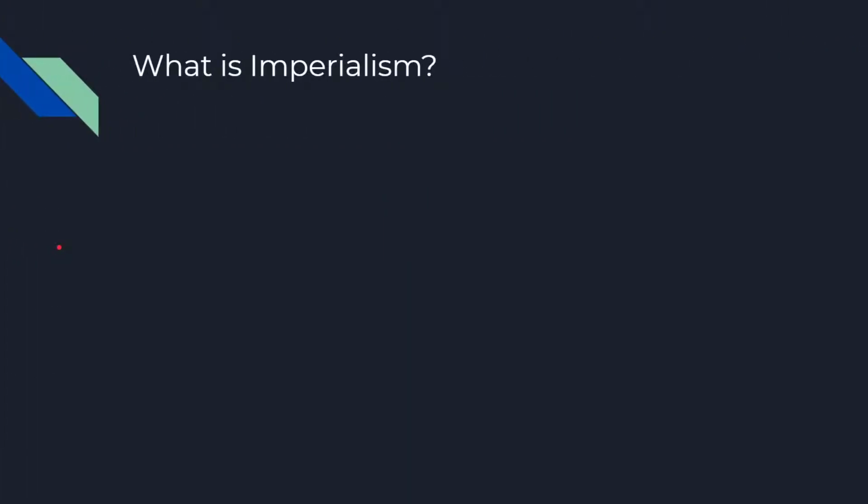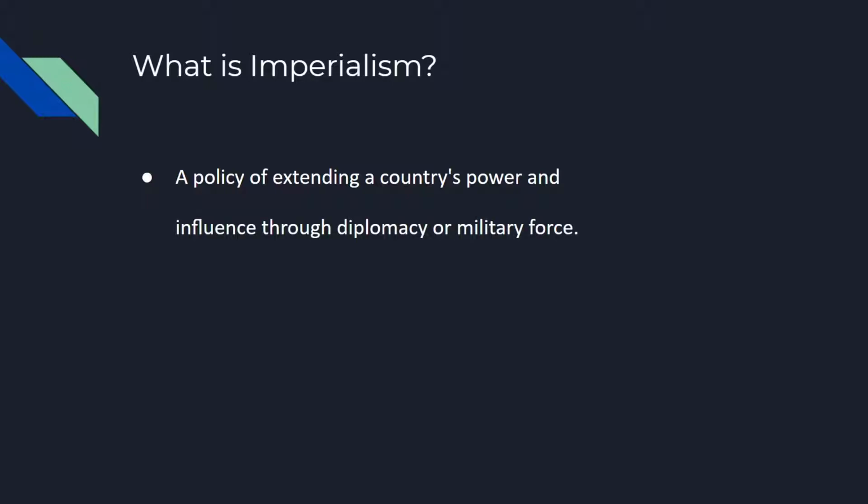Okay, so really quickly, what is imperialism? Imperialism is the basic policy of extending a country's power and influence through diplomacy or military force. This can look very different across different colonies, but the basic premise is that we can analyze this in three different ways.